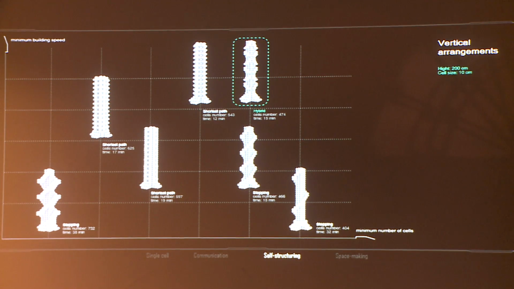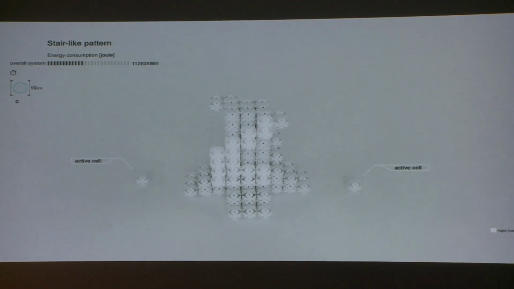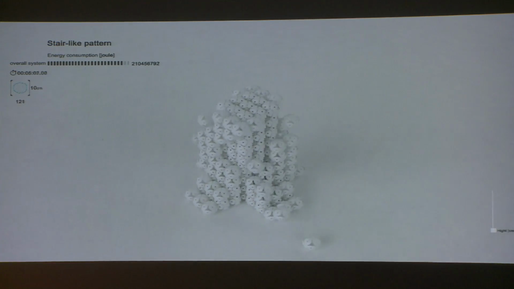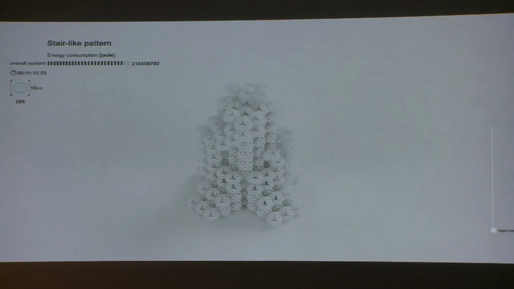So vertical arrangements were created according to the time of assembly and the population of the cells. Following the local level rules applied many times led to these formations. So the stair-like pattern strategy required the least number of components to reach the same height.